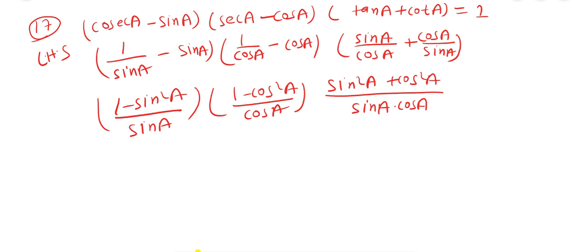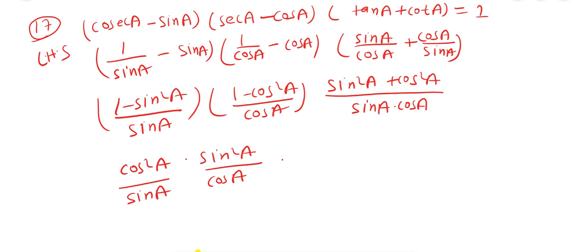Now 1 minus sin square A I can write as cos square A, and this I can write as sin square A, divided by cos A, divided by sin A, and this is 1 by sin A into cos A. So this sin A cancels, this cos A cancels, and this is equal to 1.